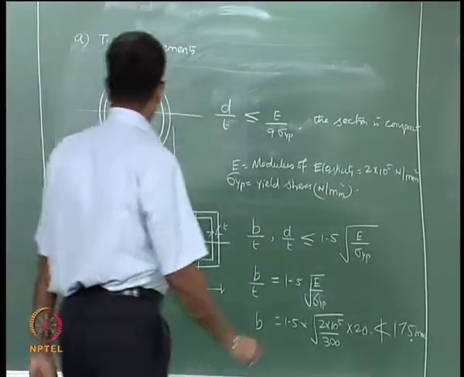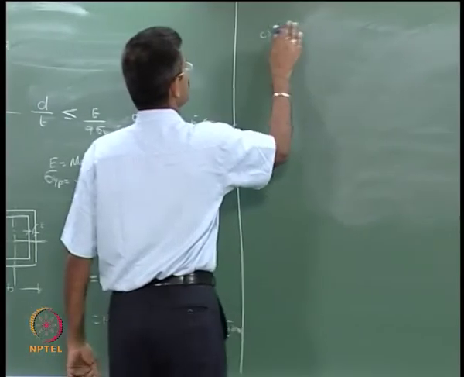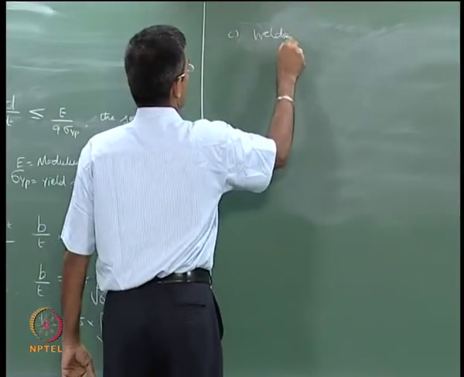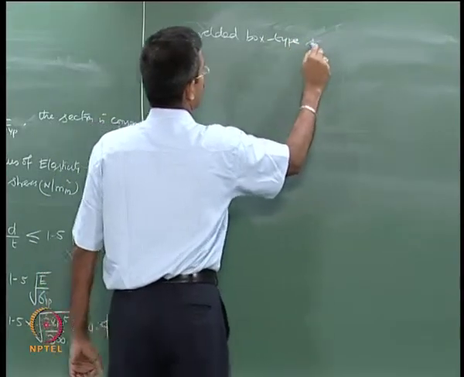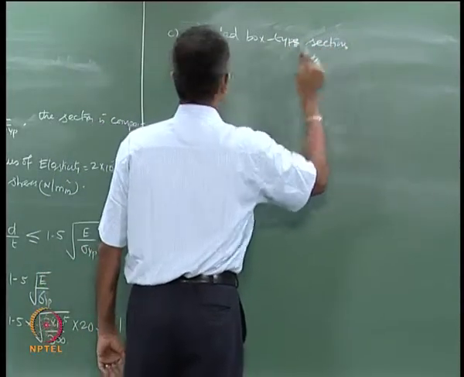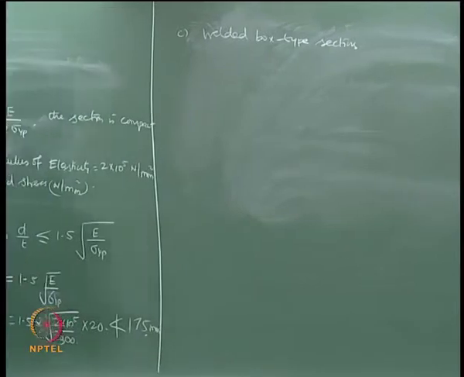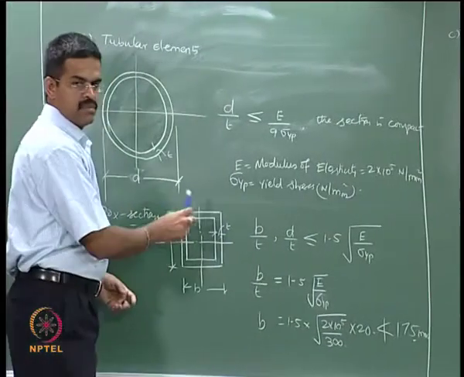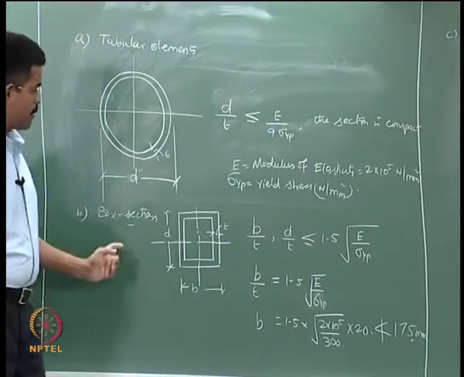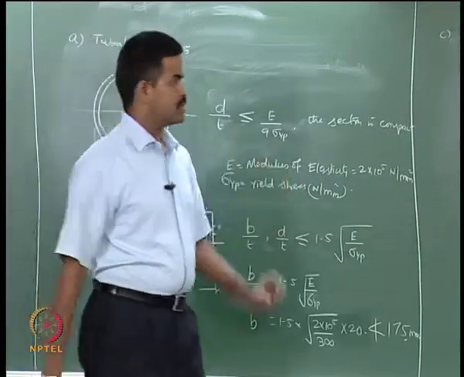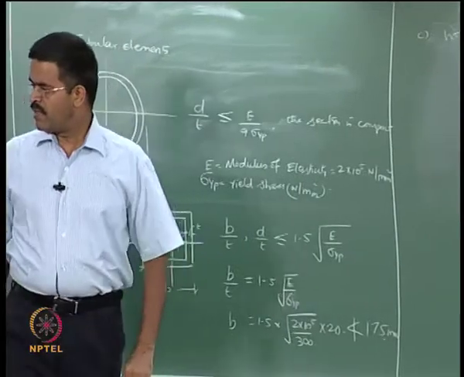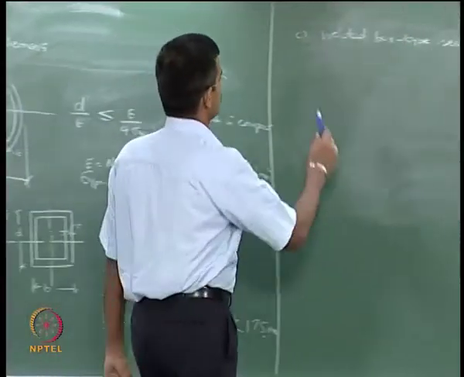Now, you also have welded box sections. These are common, and are actually used for pipe racks in marine structures. People construct the box section and insert the pipes and conduits inside it, and welded box types are very interesting sections like this.